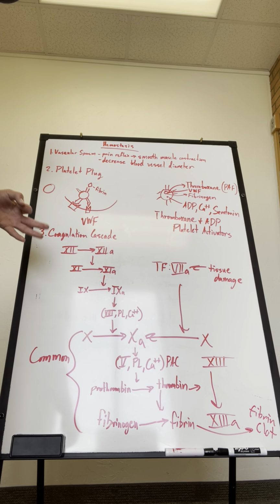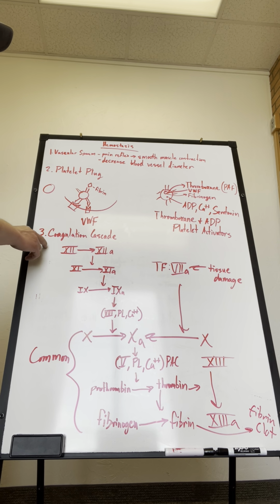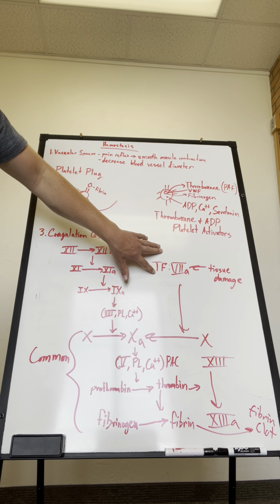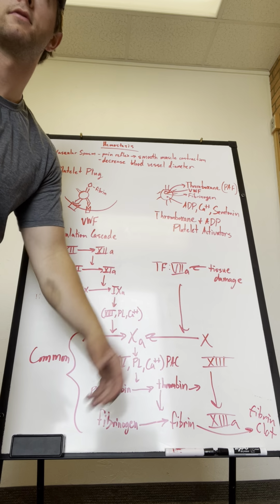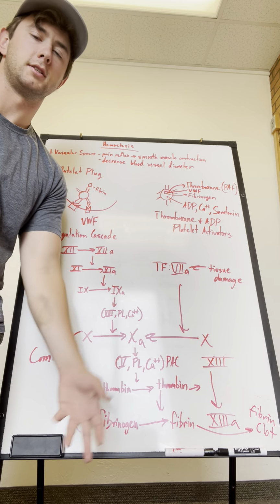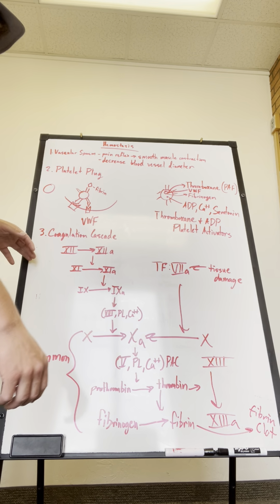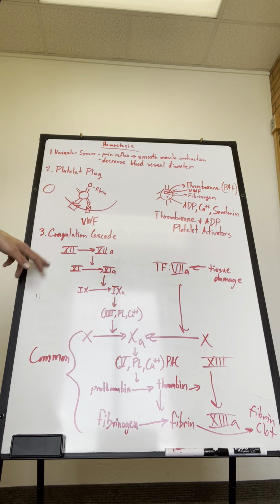Okay, moving on to our third step for hemostasis, we have the coagulation cascade. We'll have an extrinsic pathway as well as an intrinsic pathway. Let's say internally you get some type of rupture of a blood vessel. It's internal, it's not external. So you're going to have an internal cascade.